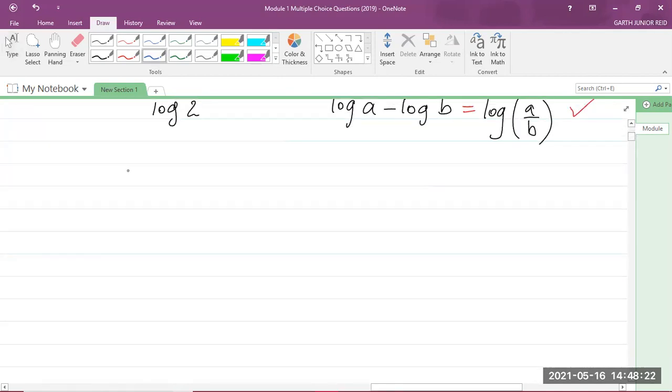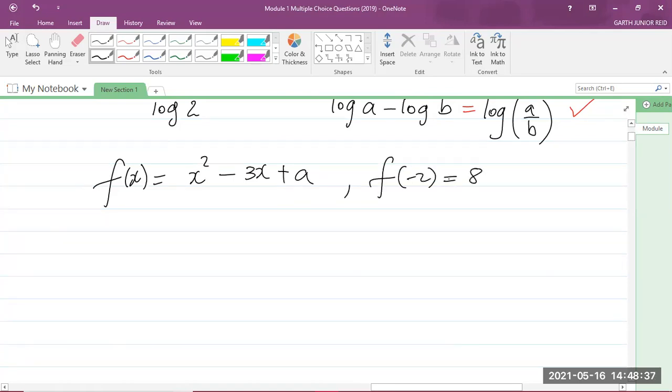So it says that f of x is equal to x squared minus 3x plus a. And it told us that f of negative 2 is equal to a positive 8. So let us find f of negative 2. So we're substituting x as negative 2, all right?